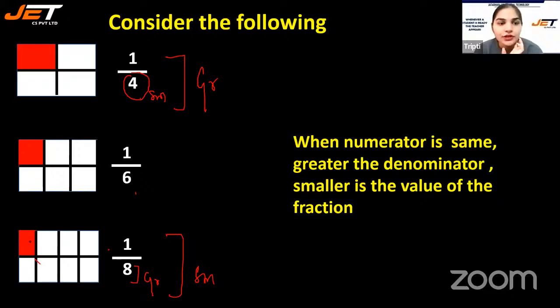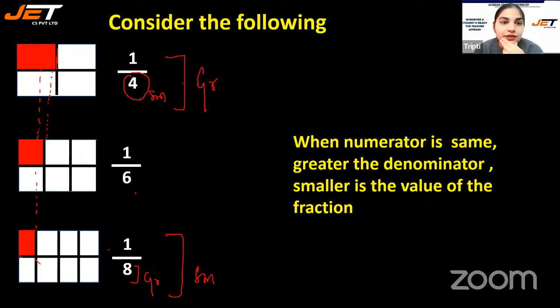So see the portion. This has a very less portion that is shaded. I'm not talking about the number of parts. I'm talking about the portions that are shaded. So this has very little portion which is shaded, like till here. Okay. This much is shaded in the last figure. And if I talk about the second one, this much is shaded. Which has the greatest one? Of course, the third one.